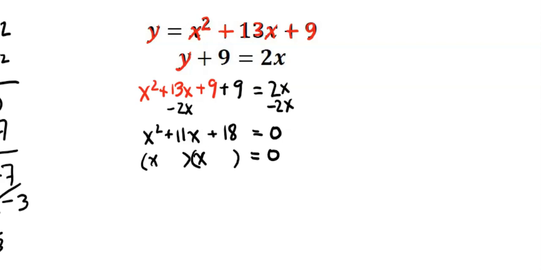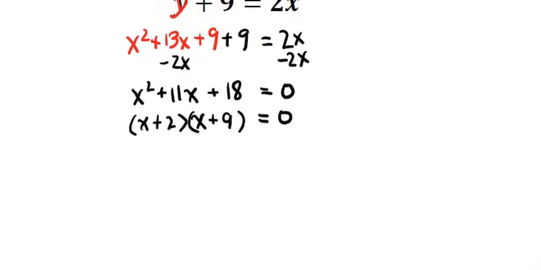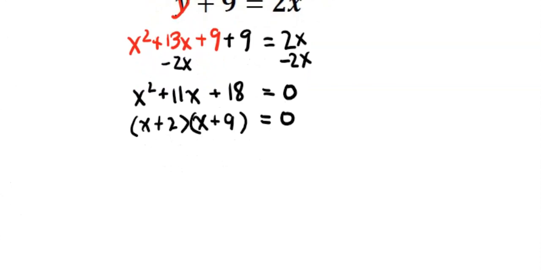And then I'm looking for two numbers that multiply to 18 that combine to 11. And so I think that's 9 times 2. And 9 times 2 gives us 18, and 9 plus 2 gives us 11, so those are our numbers.